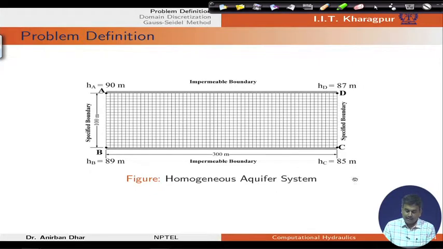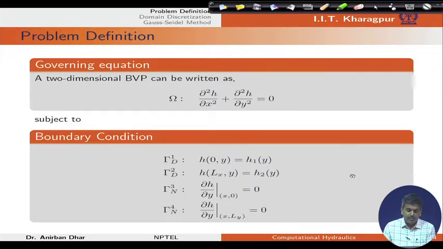Let us see what equations we need to use. This is the two dimensional boundary value problem that we have discussed in terms of variable phi. This is the same because it is a homogeneous isotropic aquifer system.